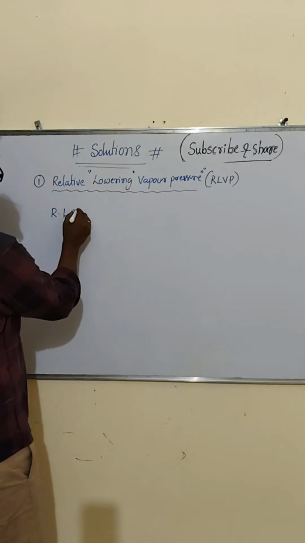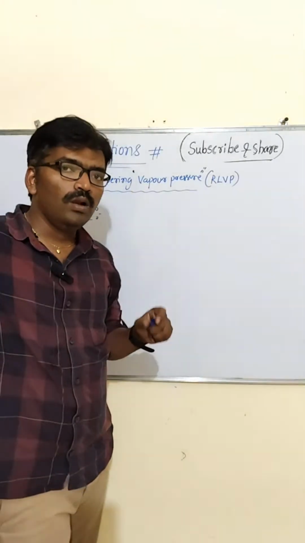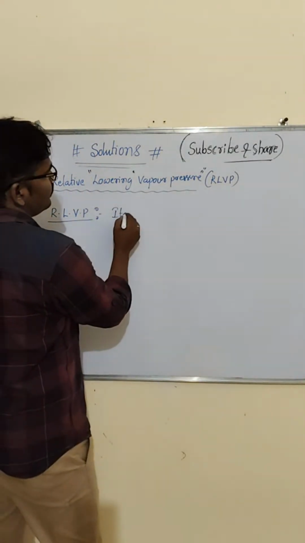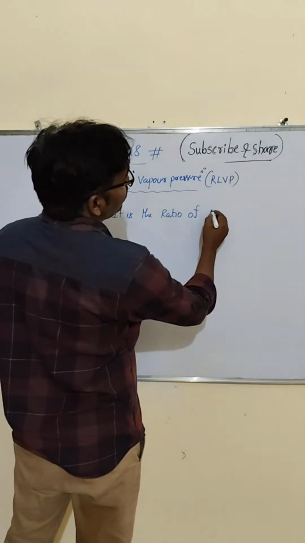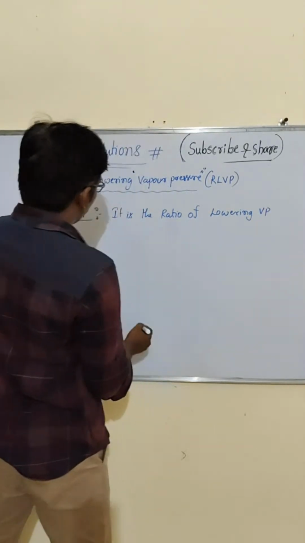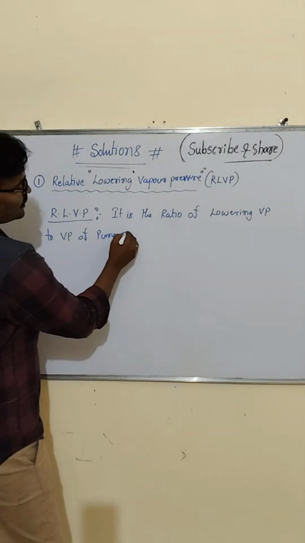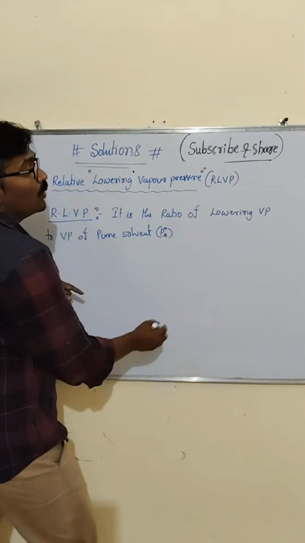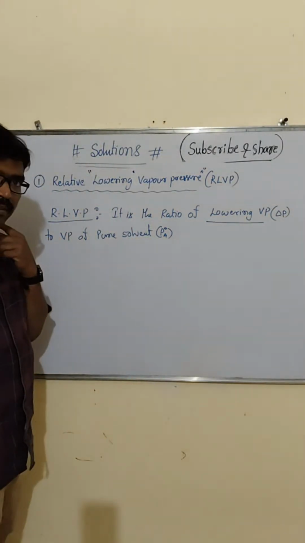RLVP, relative lowering of vapor pressure, is the ratio of the lowering of vapor pressure to the vapor pressure of the pure solvent, that is P naught A. Lowering of vapor pressure is delta P, which is P naught A minus PA.